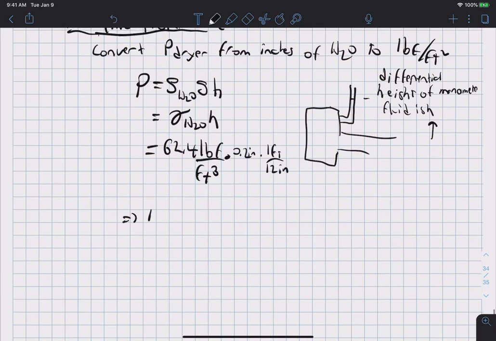And so this means that the pressure in the dryer, in terms of normal units, which we needed to convert from 0.2 inches of H2O, is equal to 1.04 pound force per square foot. So it's a very, very low pressure.